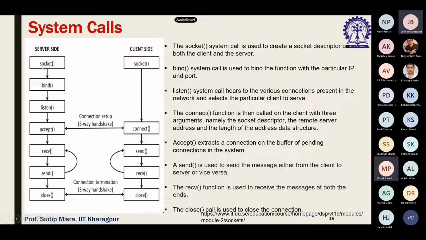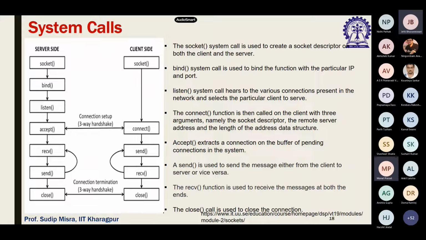So first you have to create the socket. You get the socket file descriptor. Okay, and then you have to bind, with the particular IP and port. The socket binding basically you will have to do. So bind is a system call that is used to bind the socket with the particular IP and port.